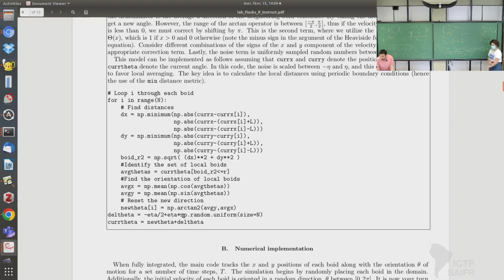And then you update as the average plus some noise, okay? Where in this case, eta is between 0 and 2 pi, actually, in this implementation of the code. So you shift it by potentially pi, right?